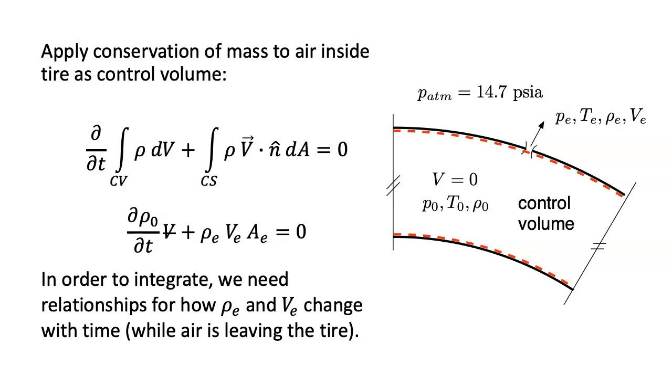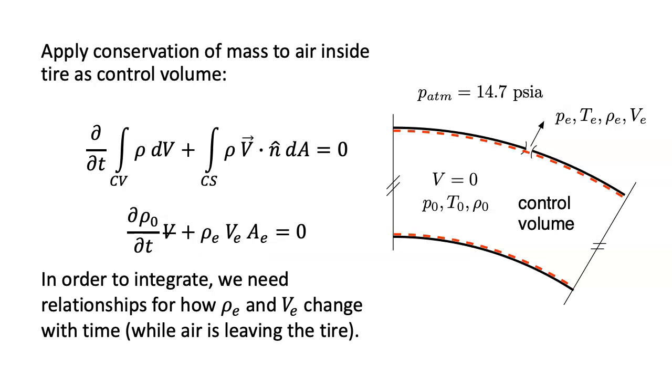Note, in reality, the volume of the tire would typically decrease with time, which would make this problem impossible to solve analytically. However, this is a reasonable assumption to make to get an engineering estimate for the time. For the second term, for uniform properties across the exit plane, and for a hole of constant diameter, the term reduces to the density times the velocity times the area of the exit plane.